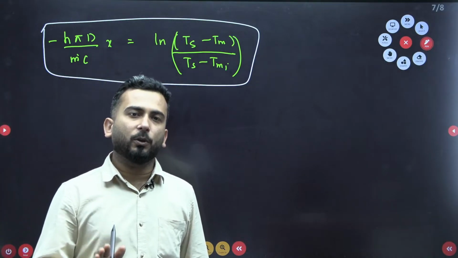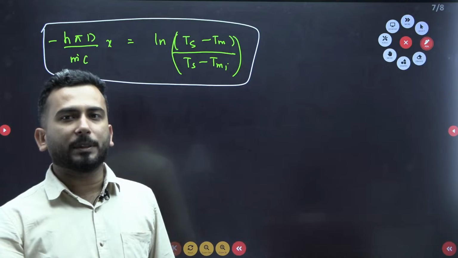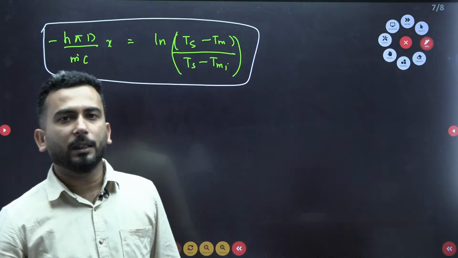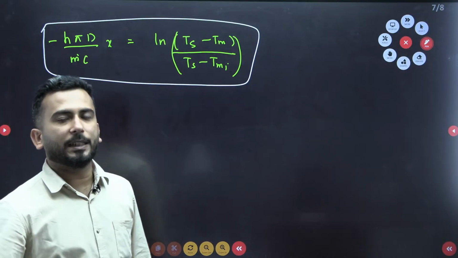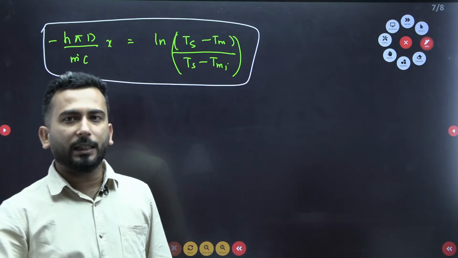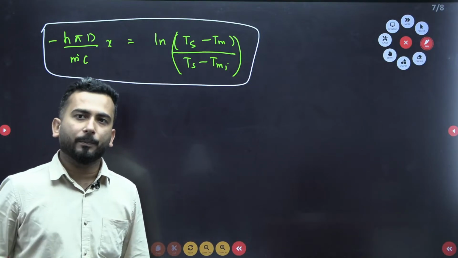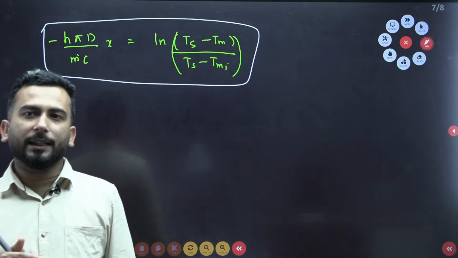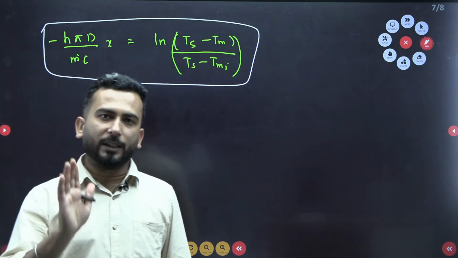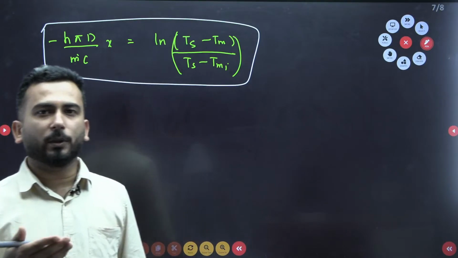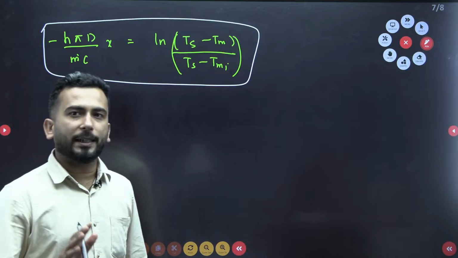For concepts, foreign author books are very good. Cengel is very easily written. For numerical practice, you can refer R.K. Rajput. At this stage, don't go for many books. Fix one book, learn concepts from there, and for practice, you can refer to one or two books. I hope that helps.